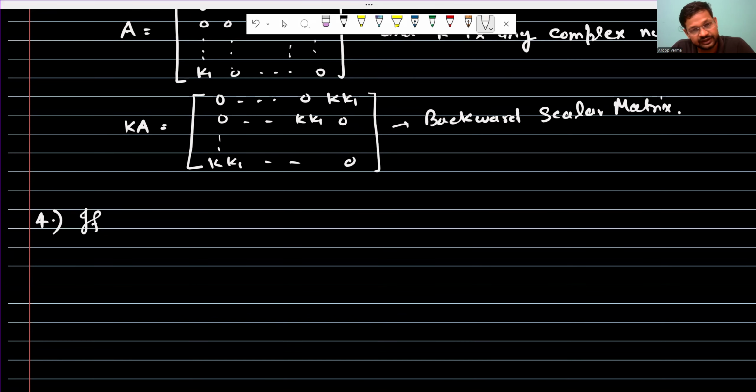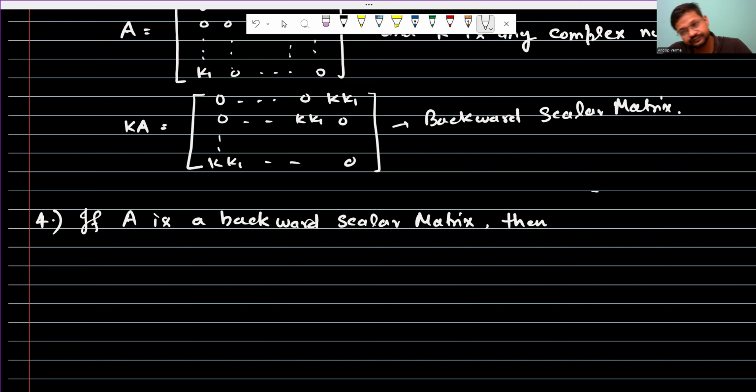Next, if A is a backward scalar matrix, then the positive integral power of A may or may not be a backward scalar matrix.